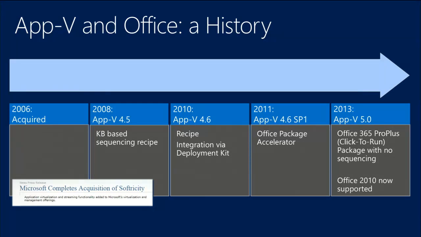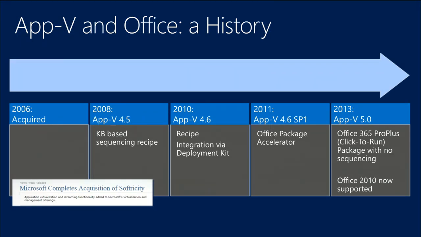And it all started with, we started publishing recipes to help you sequence Office, make it a little bit easier. Then we started creating package accelerators. We've also issued deployment kits that you can use in conjunction with the sequencer to create Office packages.